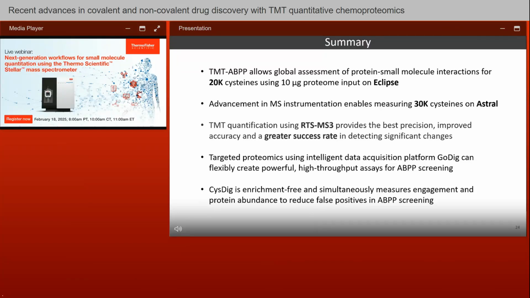And targeted proteomics using intelligent data acquisition platform Gold can flexibly create powerful high-throughput assays for ABPP screening, and CysDB is enrichment-free and can simultaneously measure engagement and protein abundance to reduce false positives in ABPP screening.